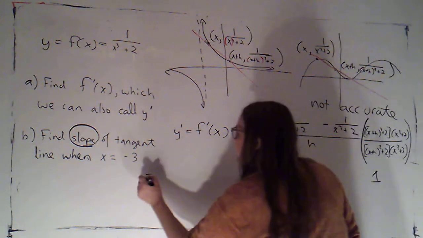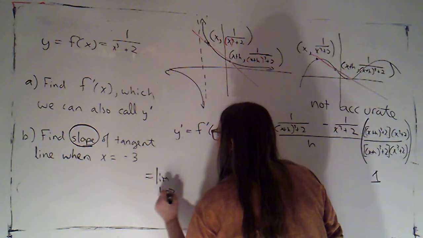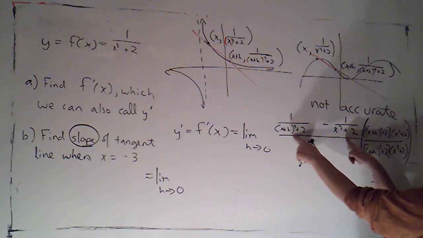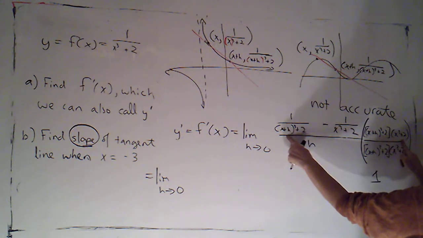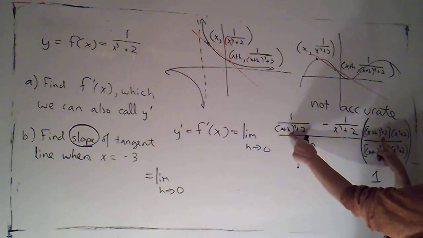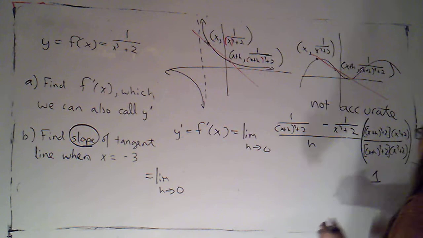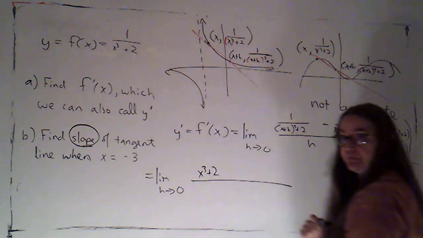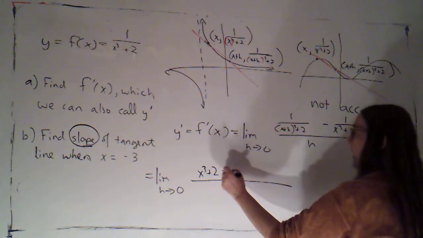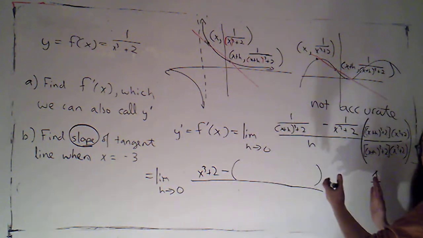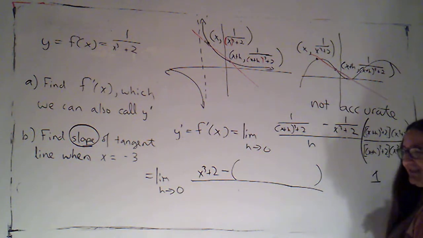Now, the reason that's helpful is because I've got to distribute this to both terms on top. But when I distribute to the first fraction, that first factor, which happens to be the first denominator, just cancels. So what I'm left with is just x cubed plus 2. And then I'm going to be subtracting, and I'm going to put some parentheses here, because I'm subtracting the whole thing that I get from the second fraction.